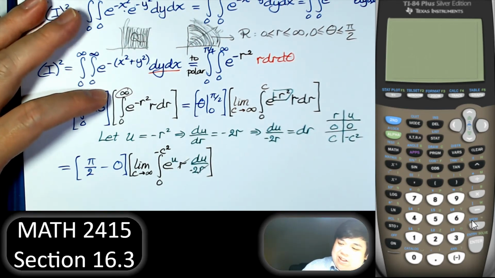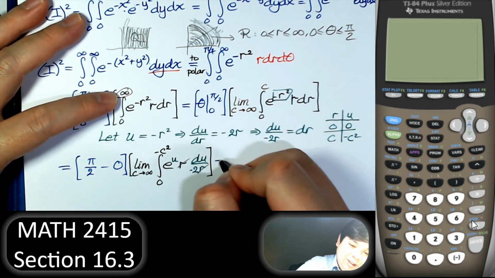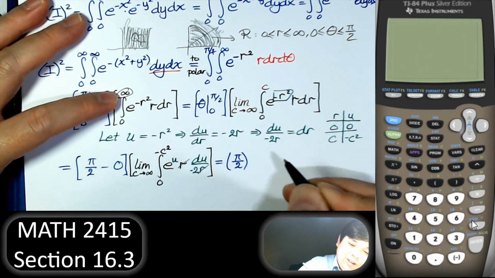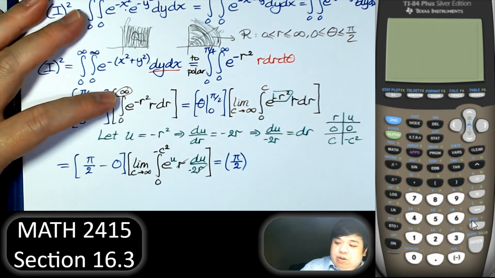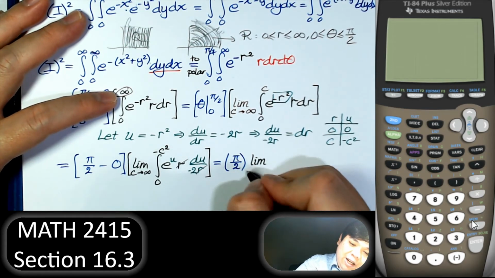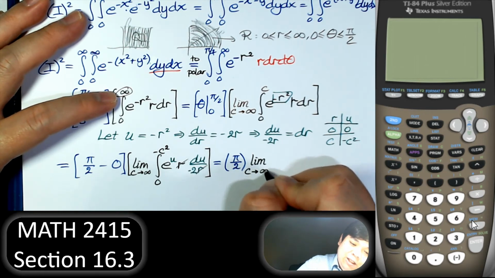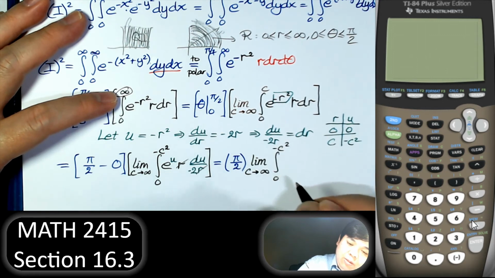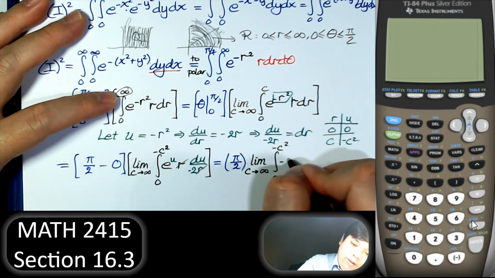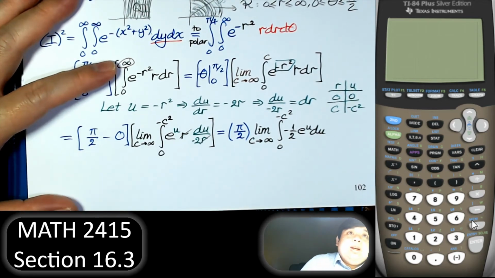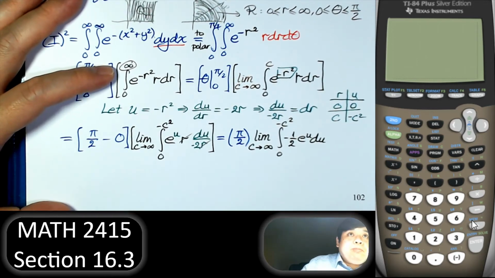The r's cancel, and we have pi over 2 and then the limit. That is negative 1/2 e to the u du. So the integral is easy to do, right?